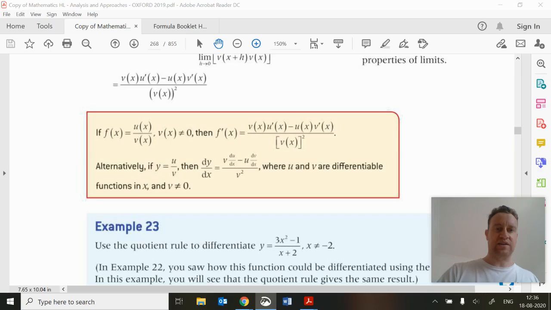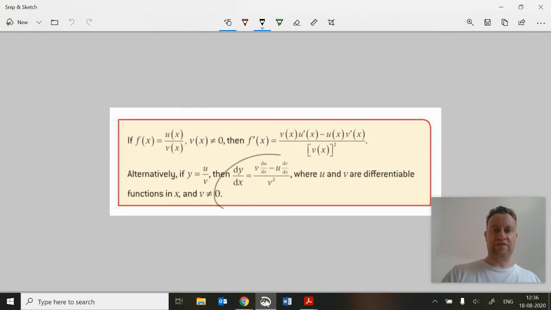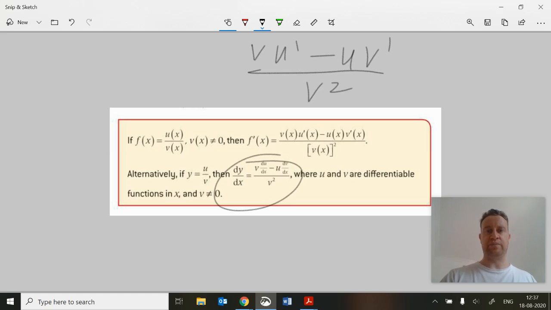So how do you remember this thing? So let's just snatch this thing here. Okay, so it's saying, in this format, v u dash minus u v dash divided by v squared. That's going to give us y dash, if you like, dy/dx. Okay, so I guess the way I remember this is very similar to the product rule. But I know it's got a squared on the bottom, and I know it's v squared.